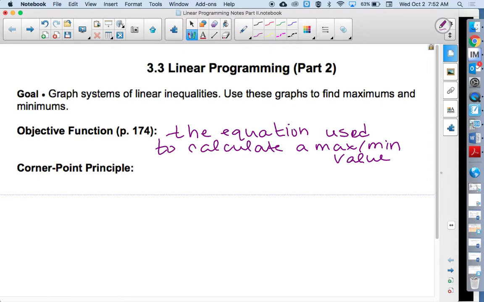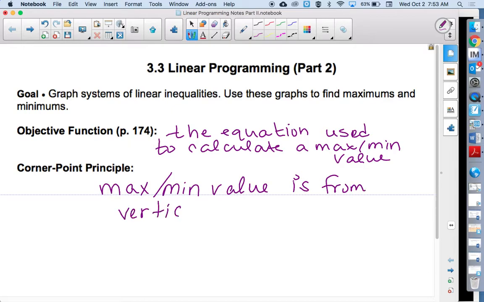The corner point principle says the max or min value is from the vertices of the feasible region.